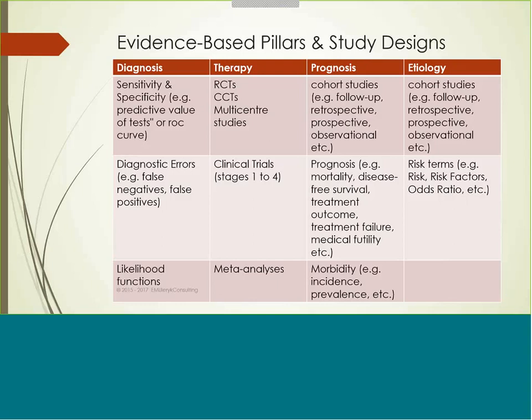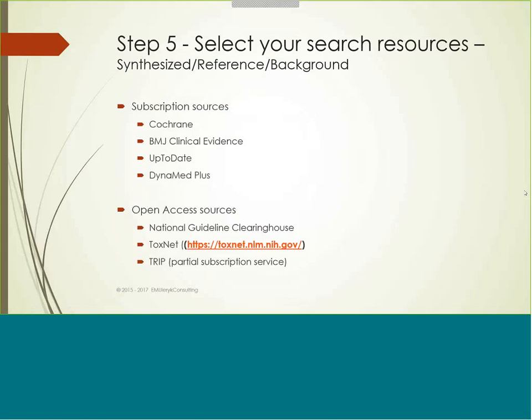If you look at therapy, those are much more familiar to you: RCTs, CCTs, multi-center studies, etc. And under prognosis and etiology, causation, harm, it's sometimes called, the main sort of timeline, if you will, is that it's a cohort study, that there is a group that has been followed through consistently over a period of time, and they're looking for general outcome or risk terms. And there's a very, very long list under the prognosis. The risk terms are much shorter, but again, these are all in your handout, and you can have a look at them at your leisure.